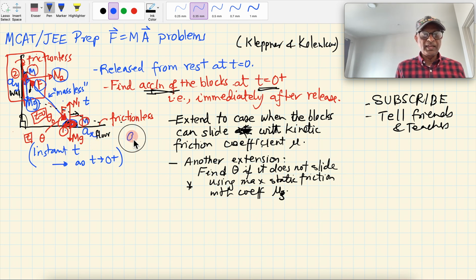So ax is going to be dvx/dt, which is d²x/dt².